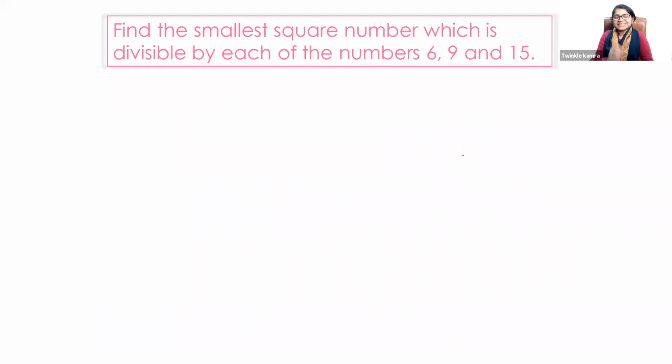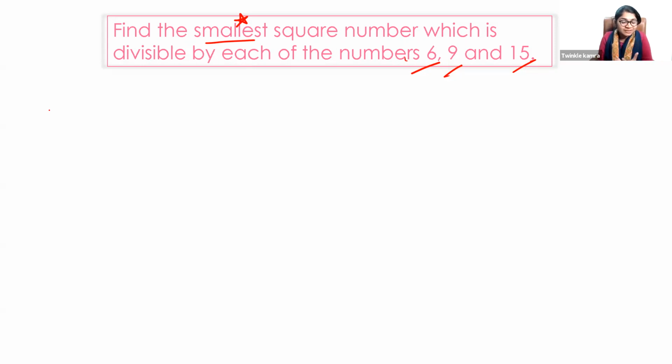Okay. Let's look at this nice question. This says, what is the smallest square number which is divisible by 6, 9, 15? Okay, they are saying smallest square number which is divisible. First, let's find out the smallest number which is divisible by 6, 9, 15. I do the question in 2 steps. First we will find the smallest number, then we will see whether it is a perfect square or not.